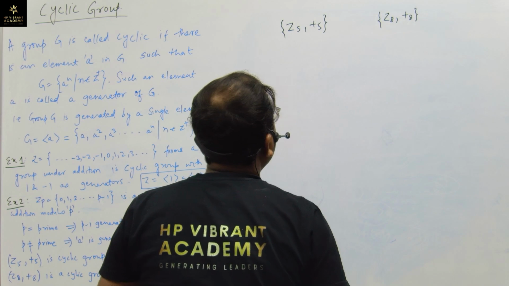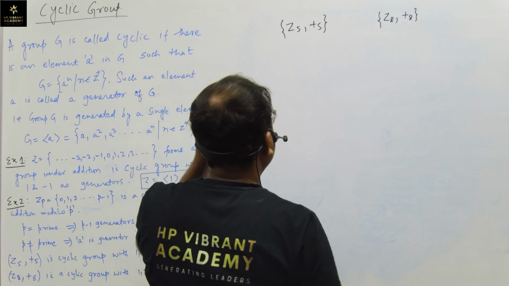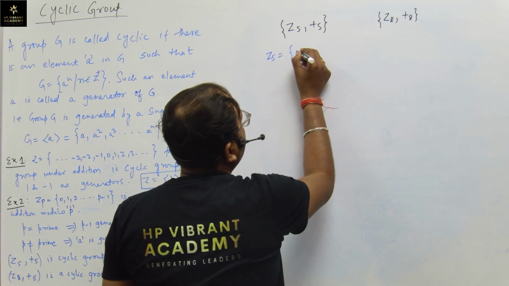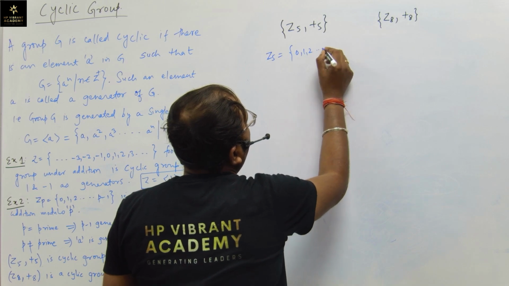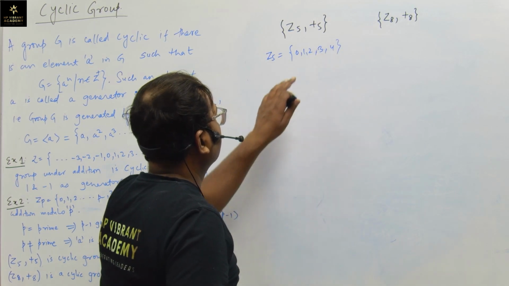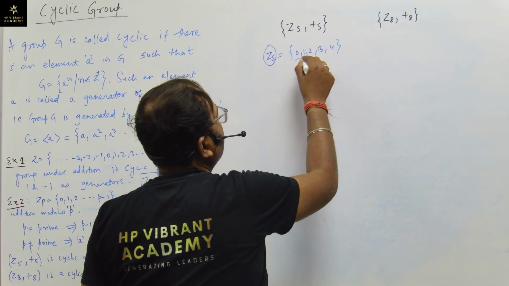Let us discuss this. The elements of Z5: Z5 is equal to 0 to n minus 1, so this is 0, 1, 2, 3, 4.